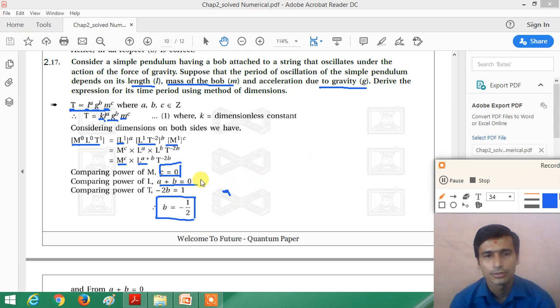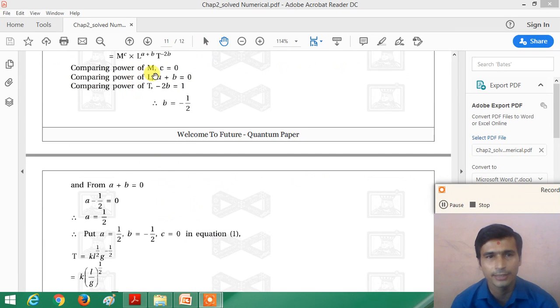Now calculate this way for all the unknown powers in L raised to a, g raised to b and m raised to c, finding the values of a, b and c by comparing the powers of M, L, T. Here we get c is equal to 0, b is equal to minus 1 by 2, and a is equal to 1 by 2.